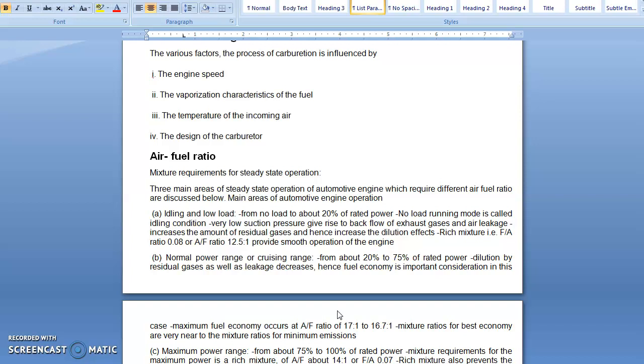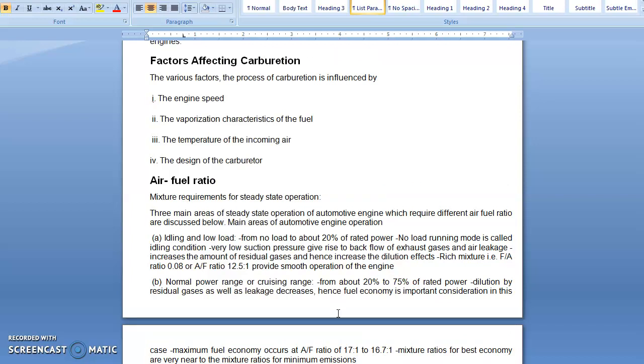Actually, this is the data we took from a car, and it may differ from car to car. The mixture must be richer for starting because the engine and the carburetor are cold, and the fuel is further vaporized and pressurized.